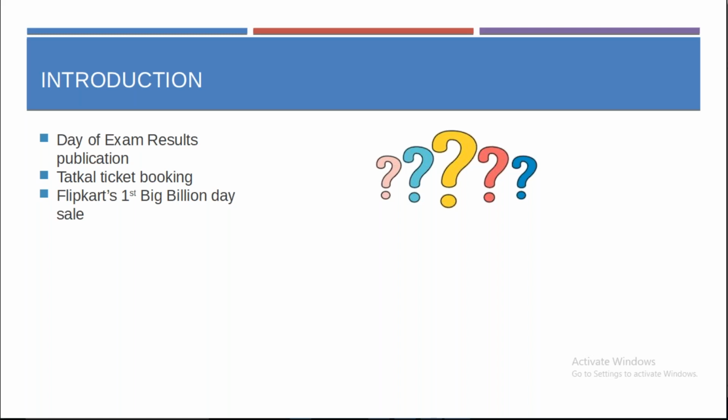It doesn't come up for many of the users. Similarly, Tatkal ticket booking is very difficult. People do not get a chance to book their tickets using the Tatkal facility. Similarly, the first Big Billion Day sale of Flipkart failed because the servers went down.